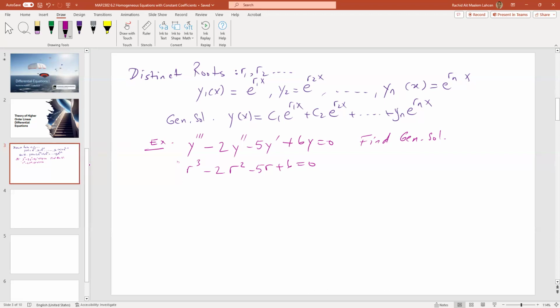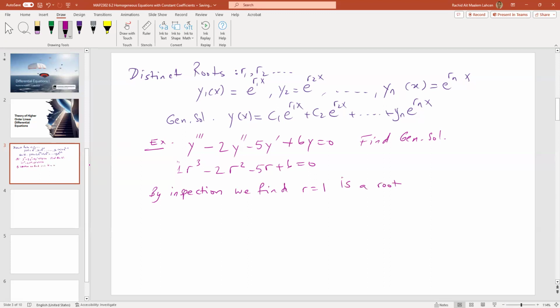You can just try, you have 6 and this is 1, so 6/1 and other factors, you'll have a bunch of numbers you can try. So by inspection, we find r equals 1 is a root.